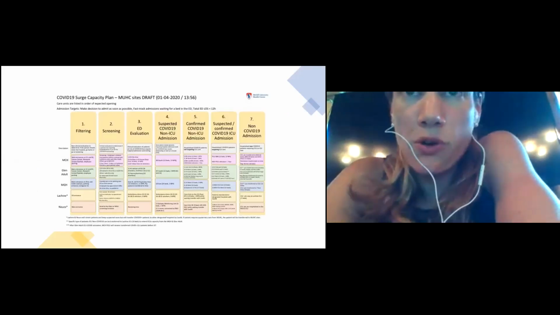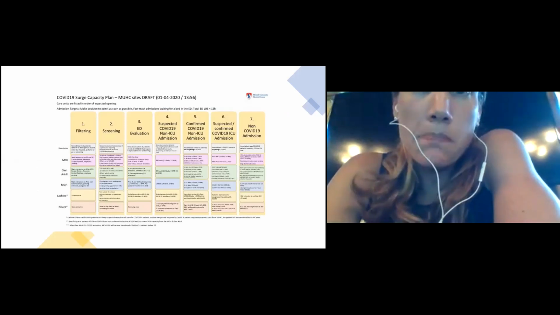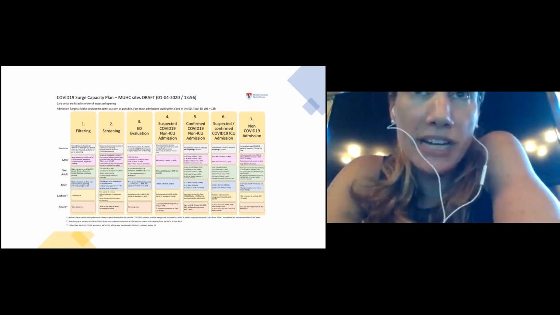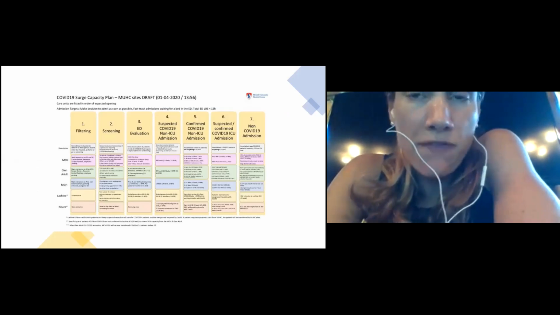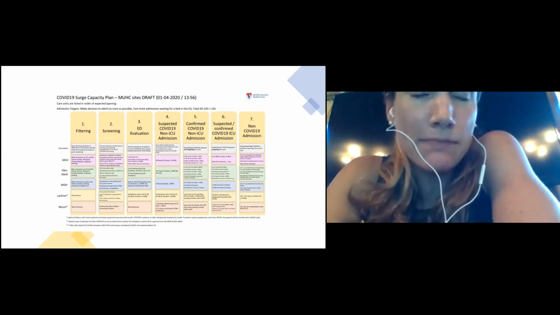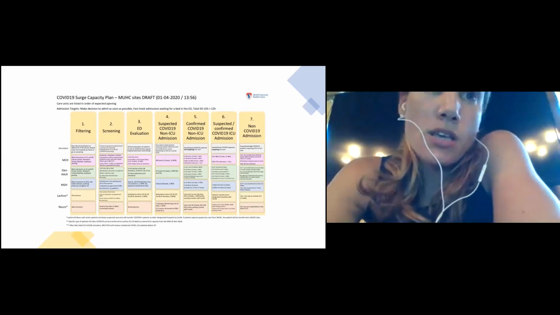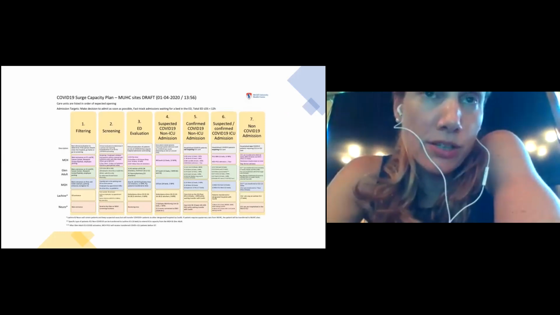I don't know if you see this super well because maybe the quality of the picture is not great, but this is the document that we were generating every day or every other day at the beginning. We started working on this way before being asked to by the government, by the ministry. It's for all sites to figure out where to put the patients.